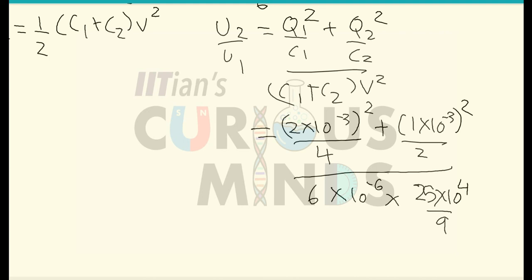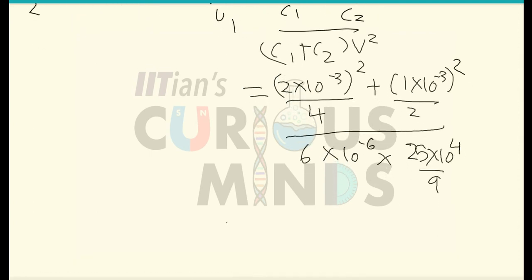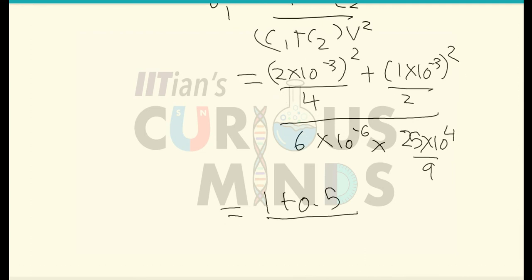This is the ratio of the initial to the final energies. When I calculate this value, it will be 4 by 4, which is equal to 1, plus 1 by 2, which is 0.5, divided by 6 into 25, which is 150, into 1 by 9.